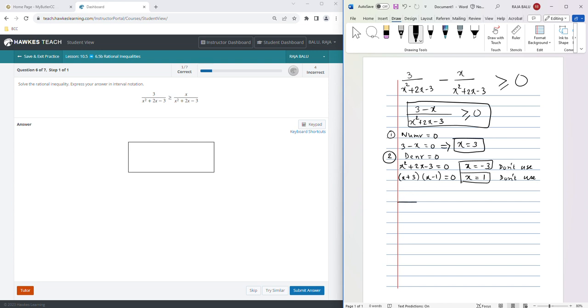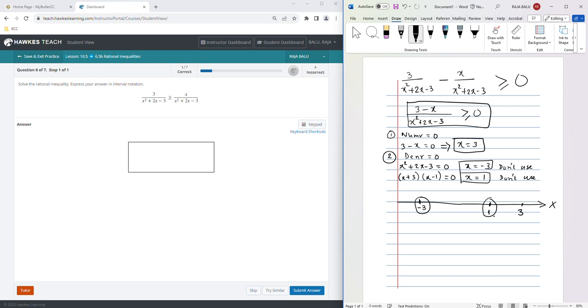So now let's draw the x line and mark those values. The values are negative 3 right here, and we cannot use it, so I put a circle around it, and positive 1, and I cannot use it either. I put a circle around it, and positive 3.